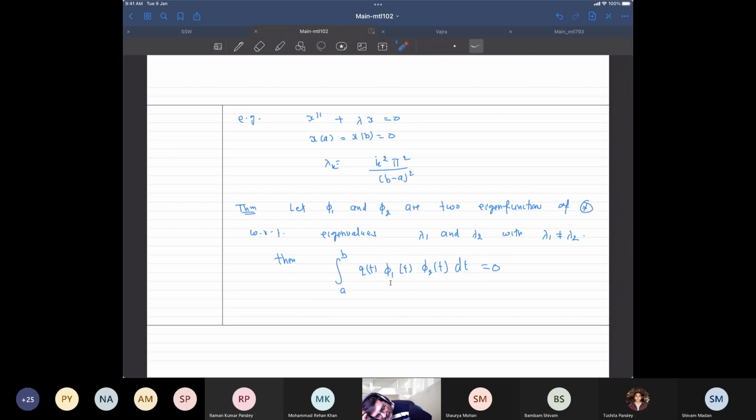For any positive function f, the integral of f x1 x2 imposes an inner product structure. What this says is that phi1 and phi2 are orthogonal with respect to that inner product. Of course, I am assuming q is positive here, but for this particular statement it need not be the case. And as a consequence, phi1 and phi2 are linearly independent.